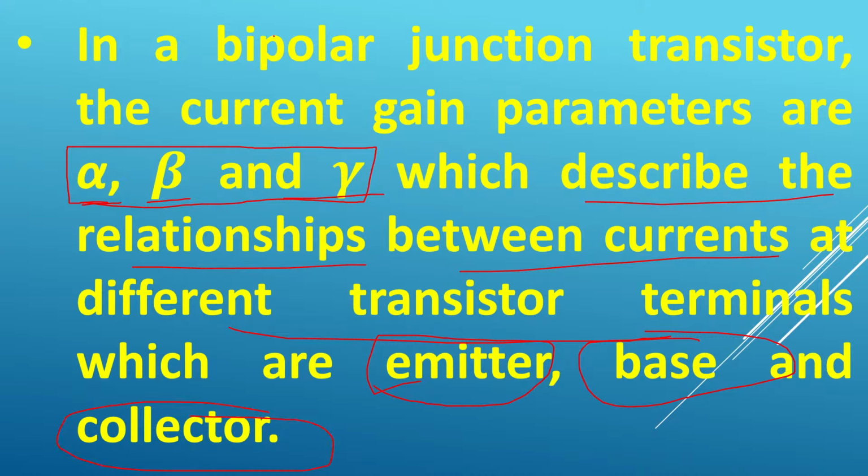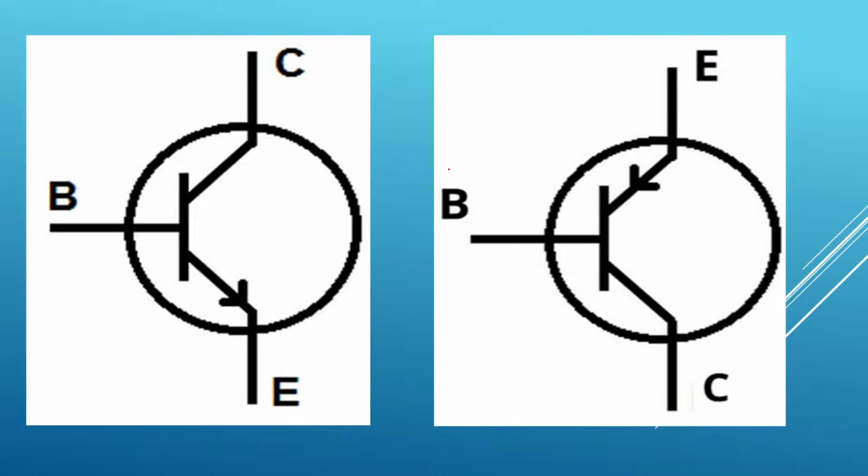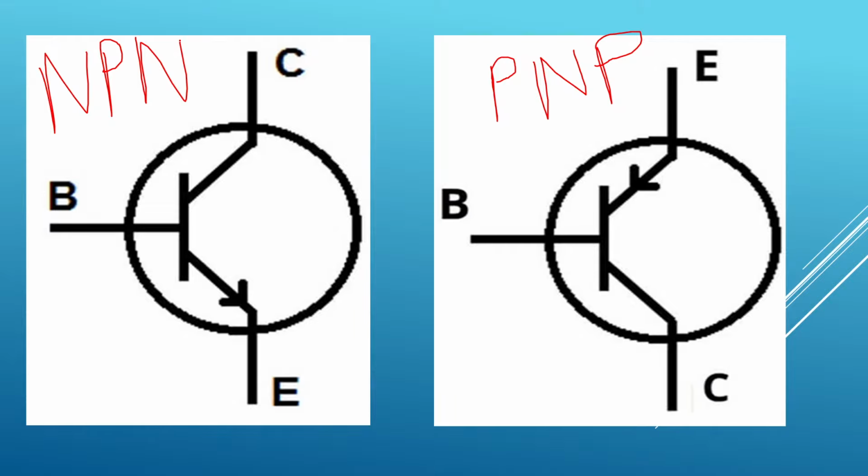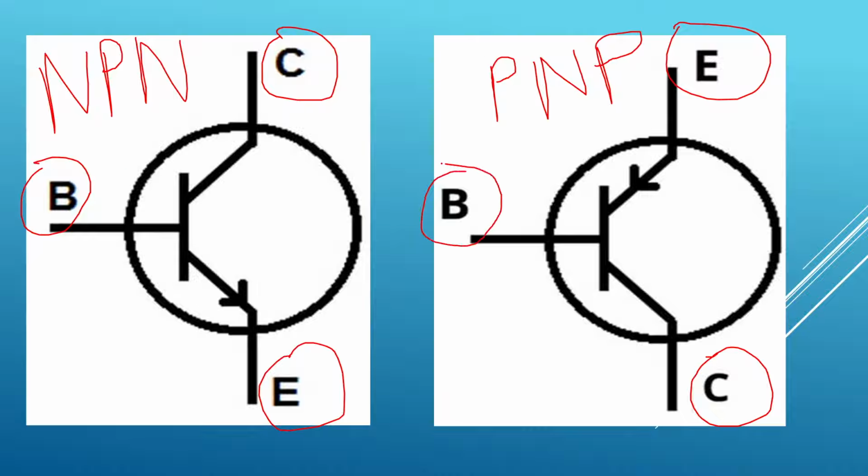We know the types of bipolar junction transistor: they can be either PNP type or NPN type. This is PNP type bipolar junction transistor. This is NPN type bipolar junction transistor. Either way, the terminals are emitter, collector and base. Three terminals: emitter, collector and base.